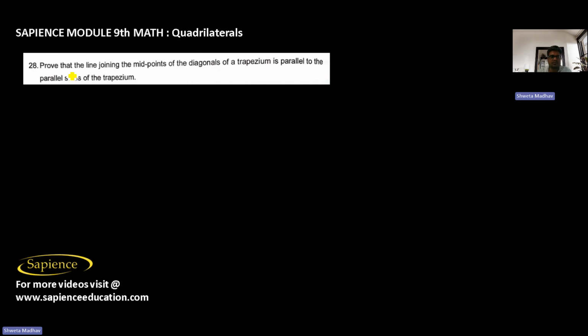Here it is told to prove that the line joining the midpoints of the diagonals of a trapezium is parallel to the parallel sides of the trapezium. So we can draw one trapezium. This is the trapezium ABCD, and AB is parallel to DC. We will join the midpoints of the diagonals.